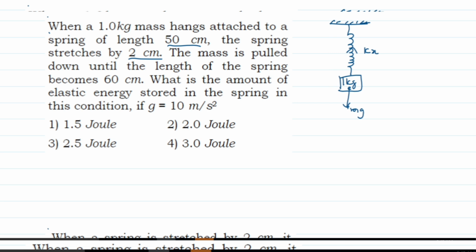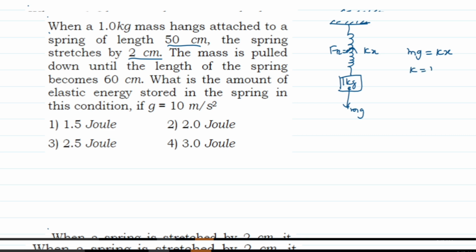First let us calculate the spring constant value for the given condition. At equilibrium mg equal to kx, both the forces you can equate. This is the restoring force, Fr, which will be equal to kx, but minus sign aside, I am just talking about the magnitude alone.